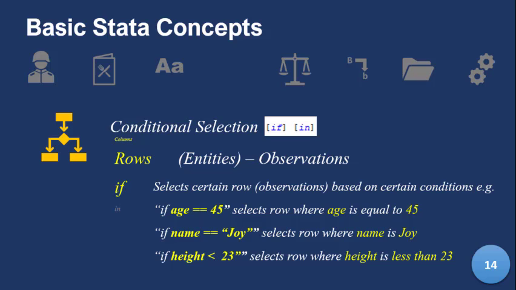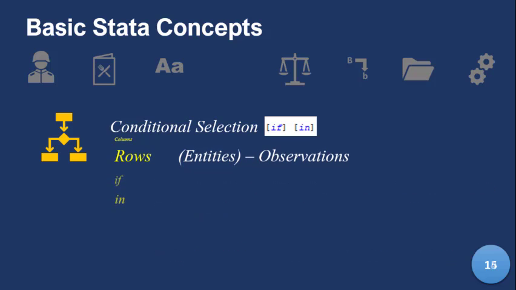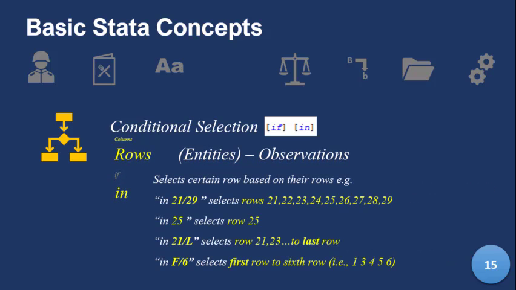You just want to filter and look at them, or you want to see all those whose name is Joy, in the name column, or those whose height is less than 23. It goes to those rows and picks based on the criteria you selected. So please, that's how the if statement works. I'm going to talk more about the if statement when I talk about the next concept. Now, the in statement is slightly different from the if statement.